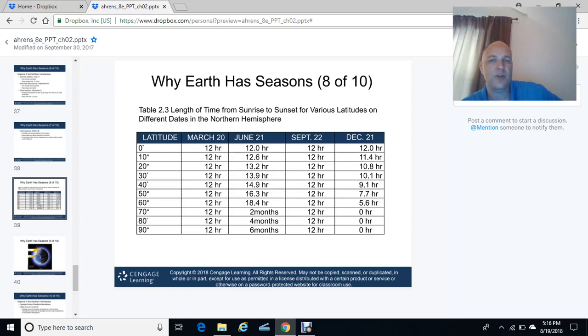On December 21st, the winter solstice, that number goes down to 7.7 hours of daylight. Okay, and then you notice at 70 degrees, 80 degrees, and 90 degrees, as I was mentioning, there are varying degrees of day and night for much longer periods of time, depending on the time of year.